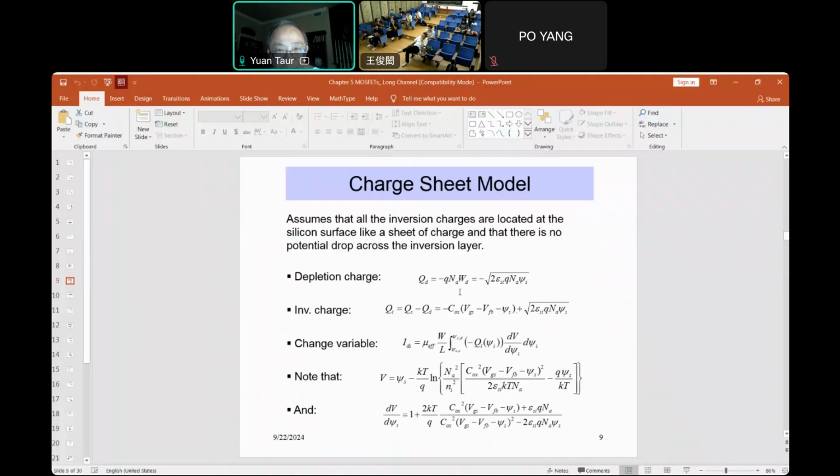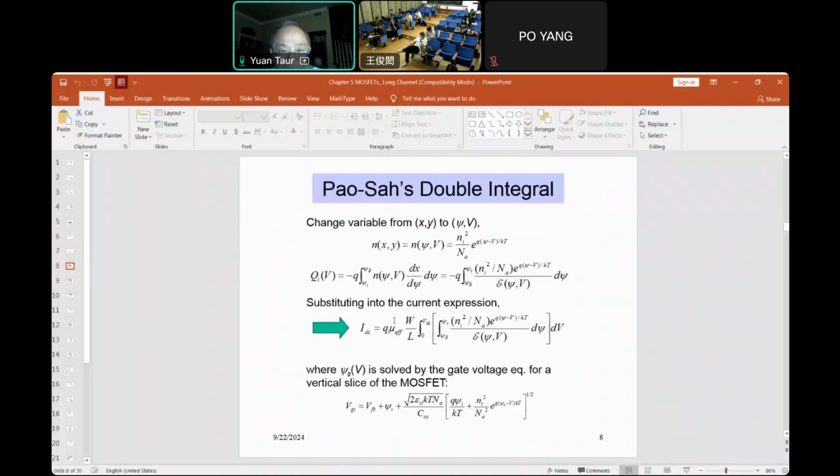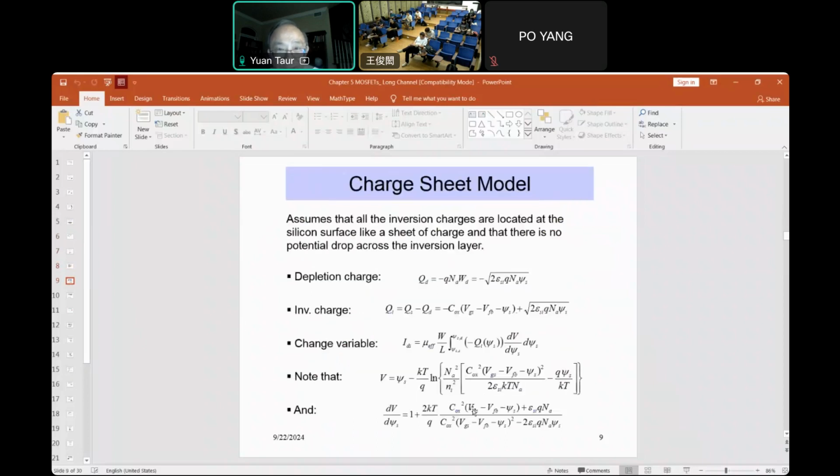Now, if we know the depletion charge, then we can find out the inversion charge because we know the total charge. Total charge is given by this expression. Remember the gate voltage equation? This is QS, so QS is this square root times this square root. That's the total charge.